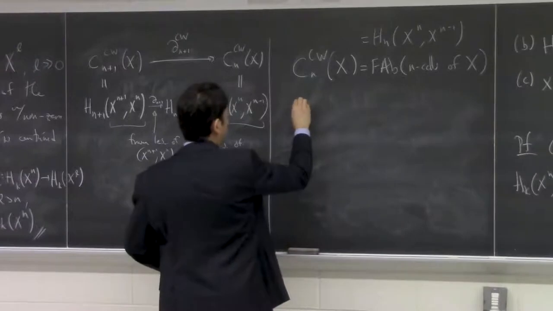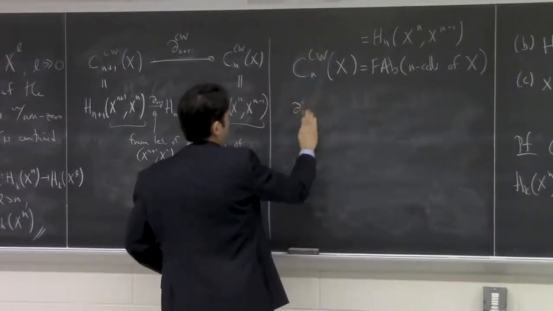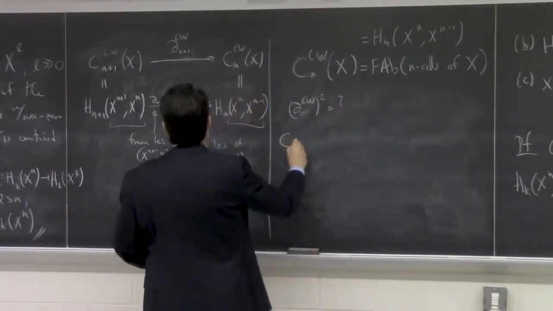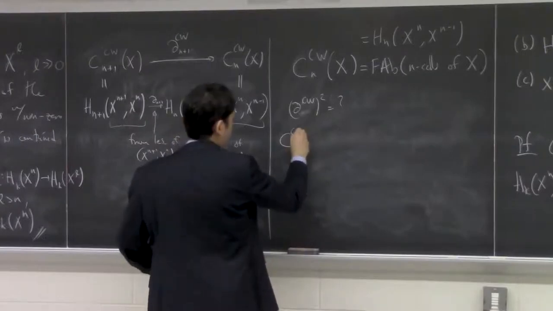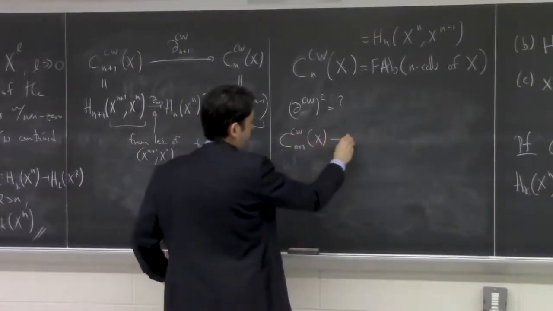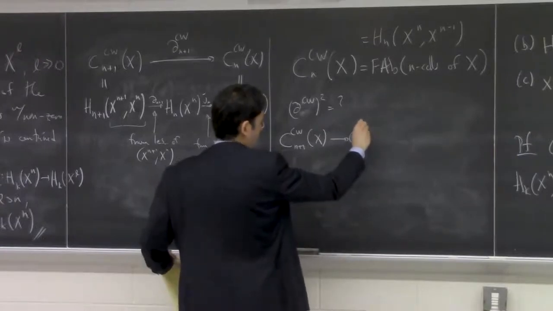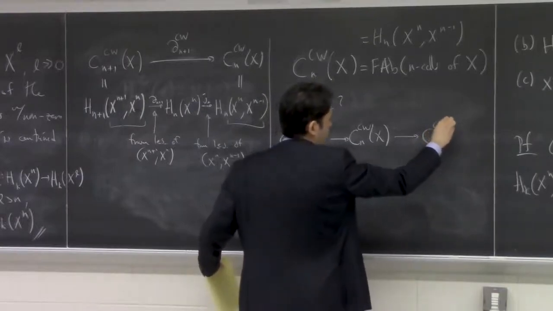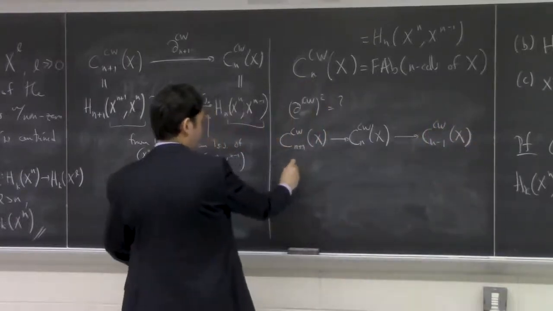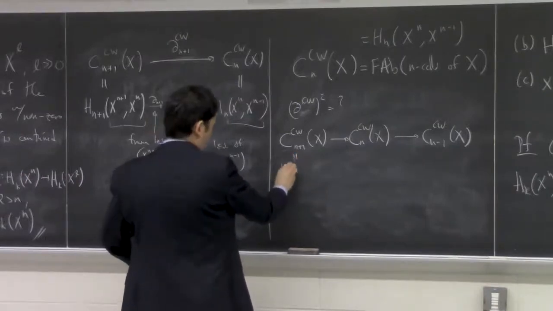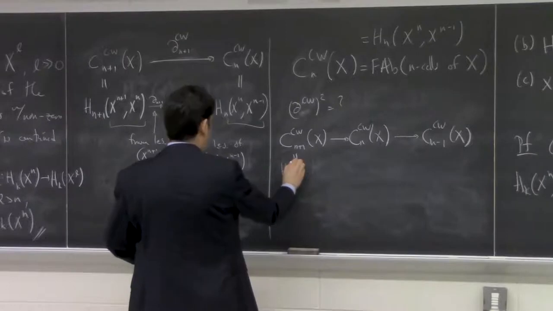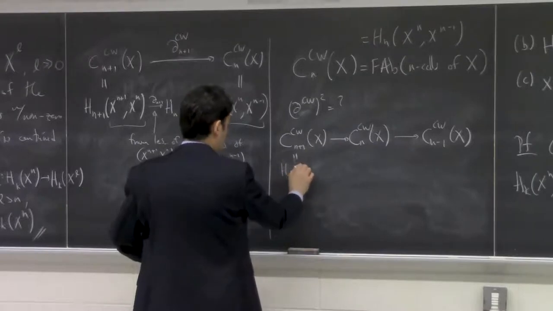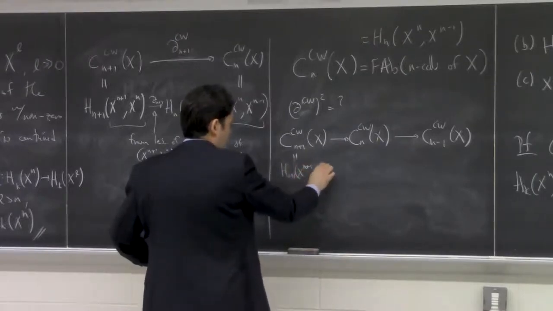So why does this square to 0? So let's say you have Cn plus 1. We're going to map to Cn and then Cn minus 1. Okay, so this is Hn plus 1 of Xn plus 1, Xn.